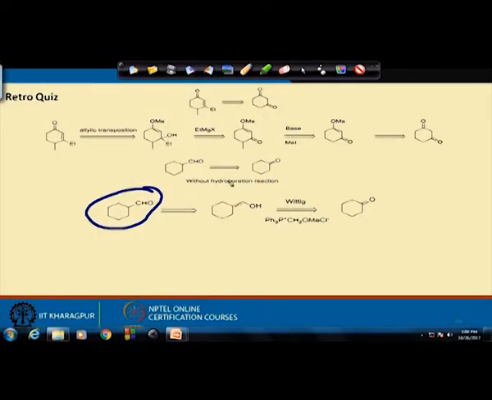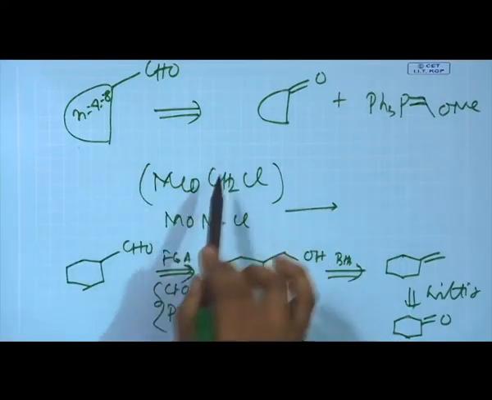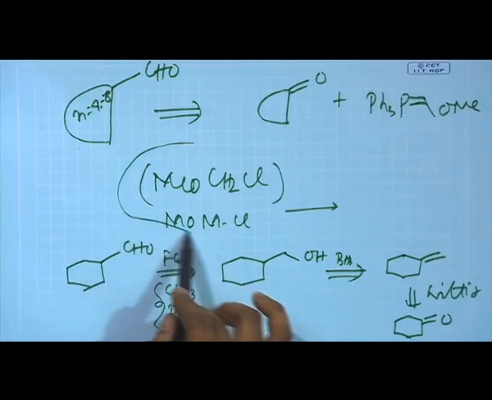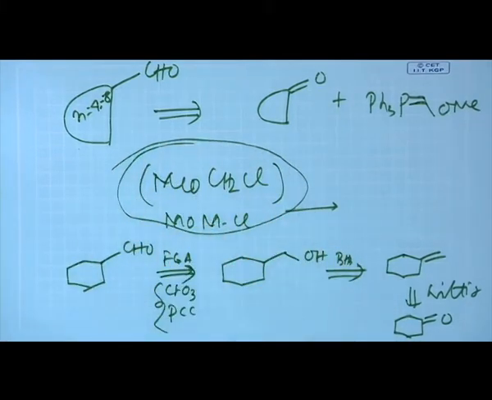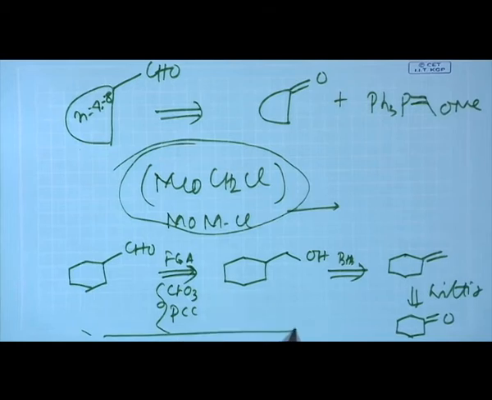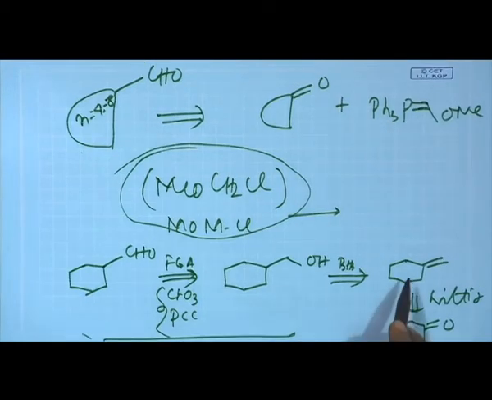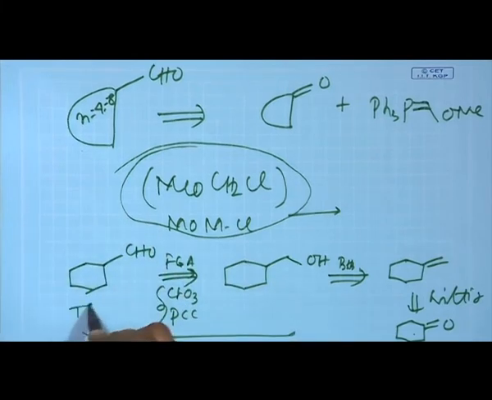So, if the hydroboration reaction has to be avoided, then you can use the MOM chloride Wittig, which we just discussed. If hydroboration can be used, then definitely you can think about the final route which we have just discussed. Start with cyclohexanone, do a Wittig, get the corresponding exocyclic methylene compound, do hydroboration, and then come back to the oxidation and get the target molecule.